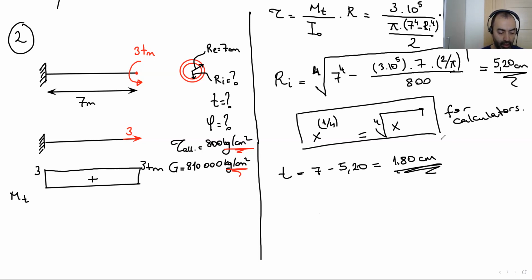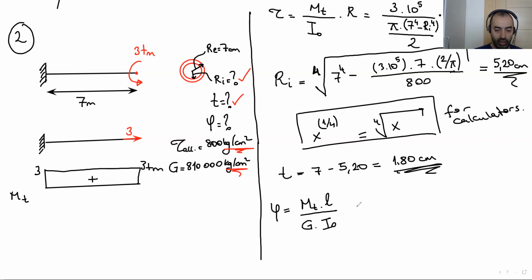And now the other question. By the way, we solved this one. The next one is under this torsional effect. If we use the calculated thickness, what is the strain? Calculate the strain. Yes, of course we can do that. Phi is Mt times L over G times I0.